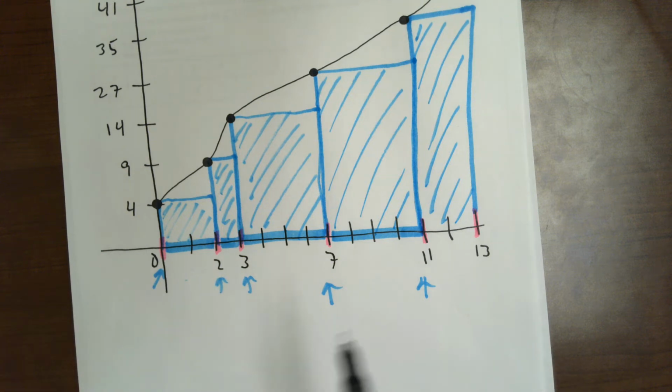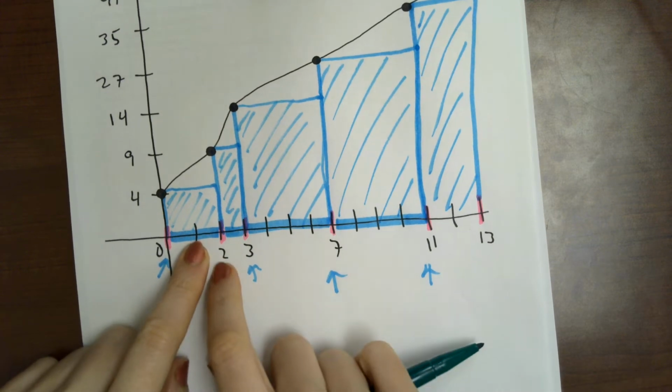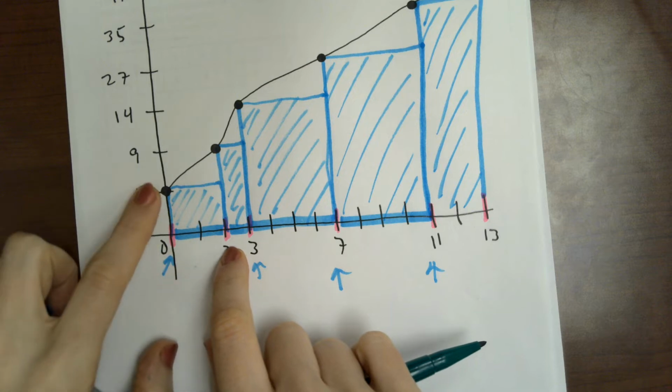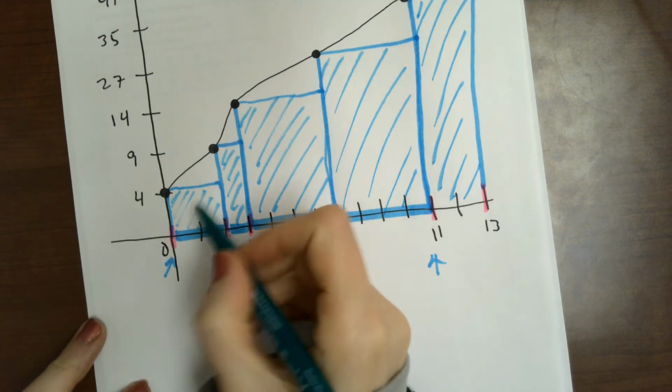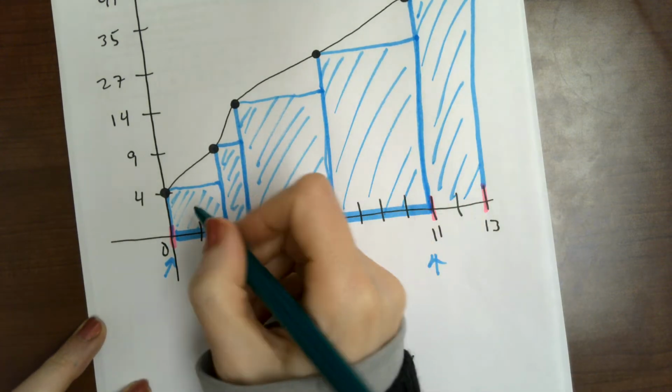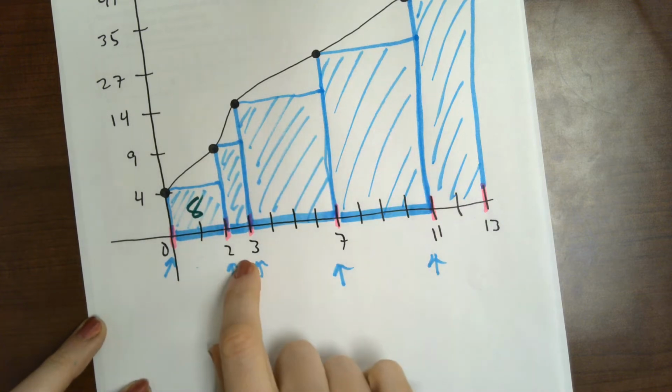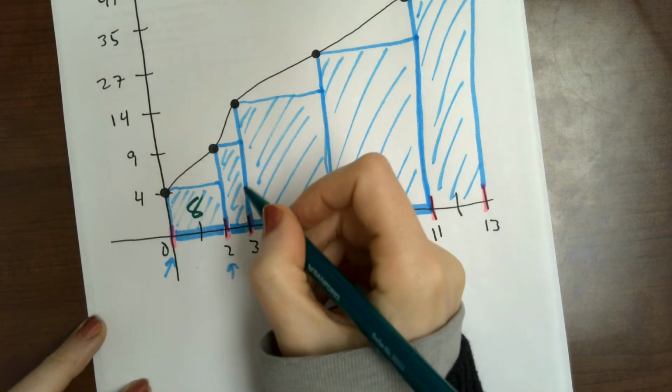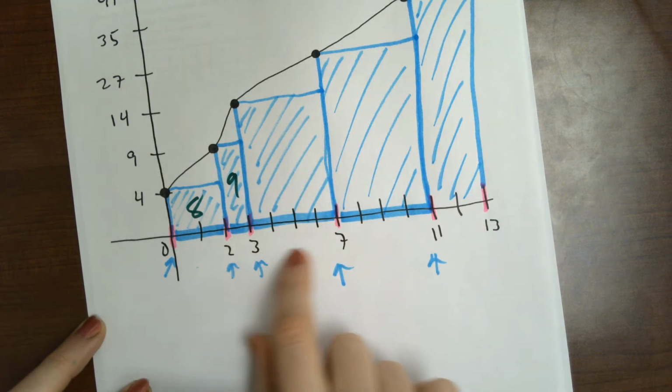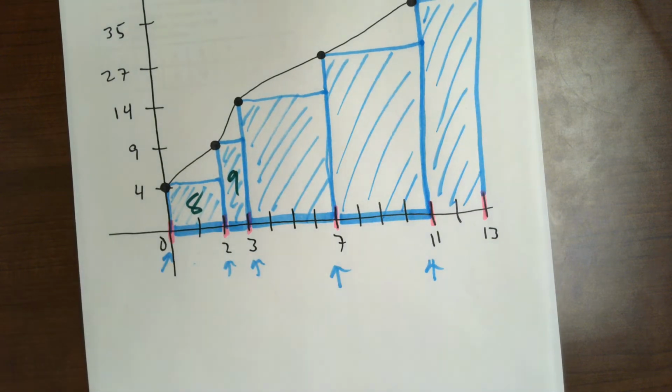So just do base times height. For this first rectangle, the base is 2 and the height is 4, so the area is 8. This rectangle, 1 by 9. This rectangle, that's 4 times 14.